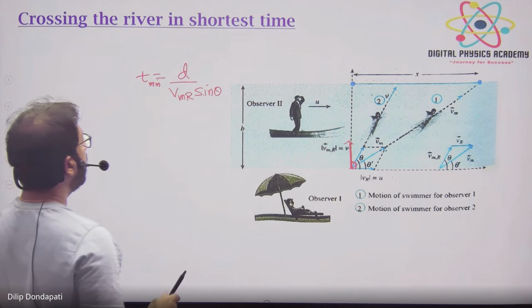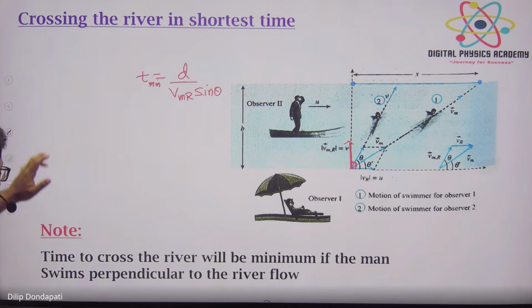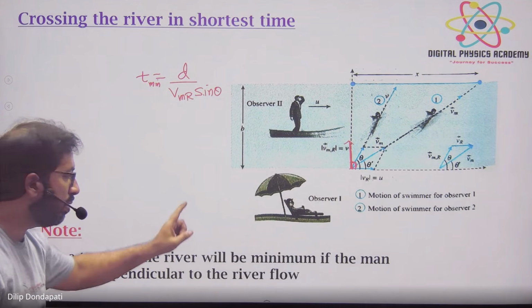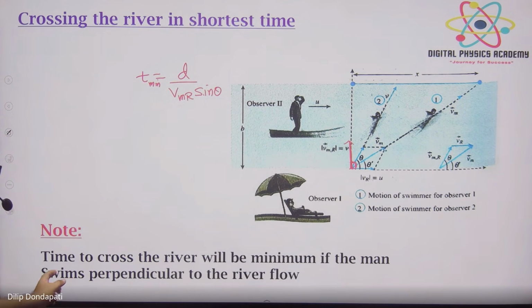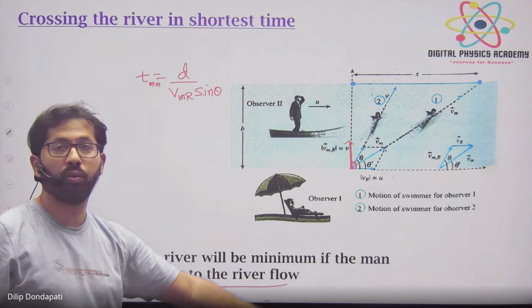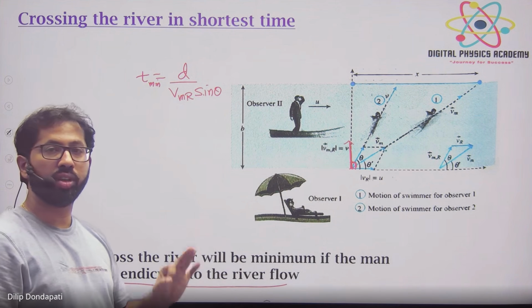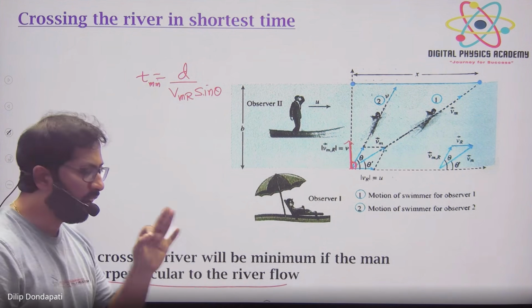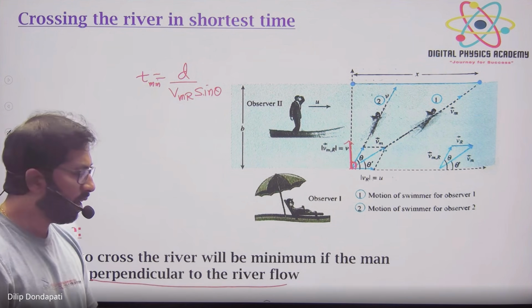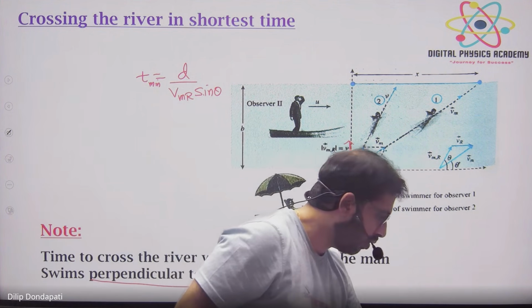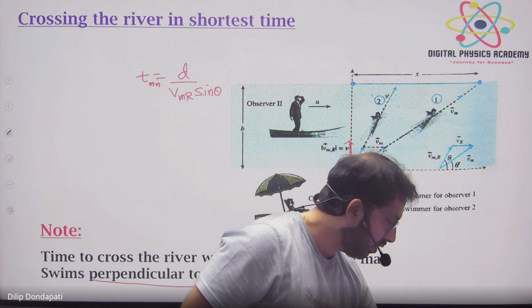So therefore you have to understand one point, that time to cross the river will be minimum if the man swims perpendicular to the river flow. So याद रखो ये दो केसेस बहुत इंपॉर्टेंट है, शॉर्टेस्ट टाइम, शॉर्टेस्ट डिस्टेंस. आपको क्वेश्चन पढ़ने से आपको आइडेंटिफाई होने का, शॉर्टेस्ट टाइम क्या है, शॉर्टेस्ट डिस्टेंस क्या है, you have to know. लिखो.